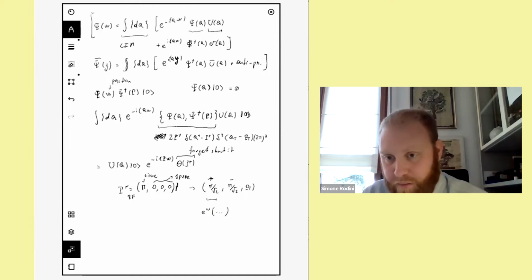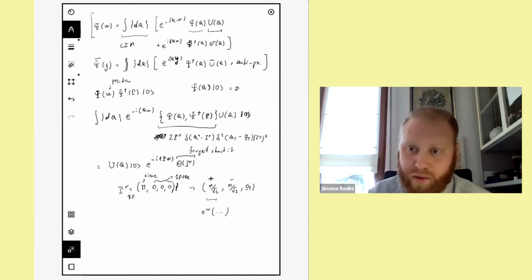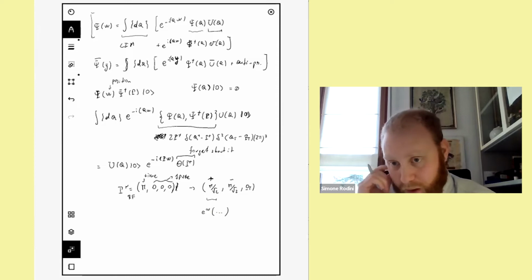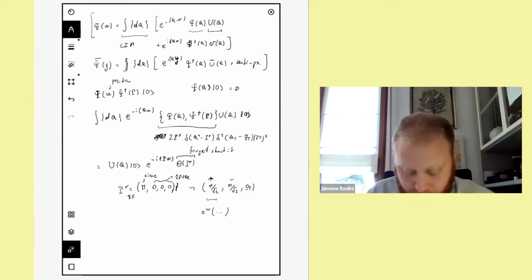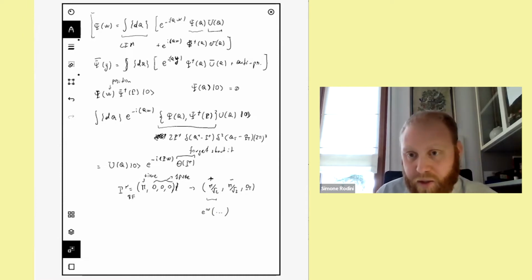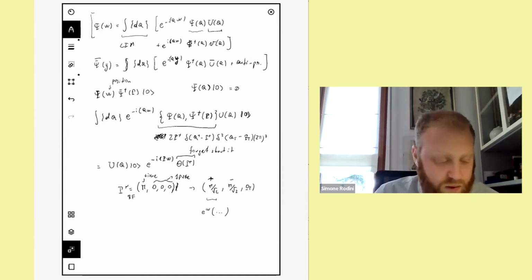Since the exponential is always positive, you just have positive plus momentum if the particle is on shell. Off-shell particles can do whatever. So the theta of p plus is just 1, since p plus is always positive and non-zero. So we do not have problems.